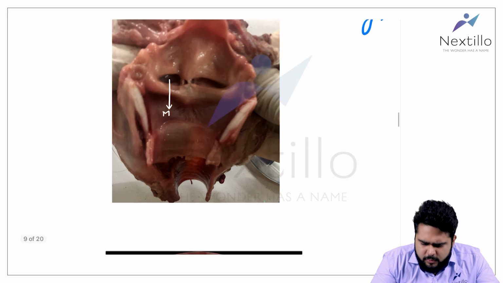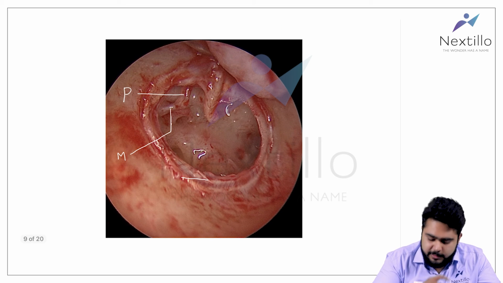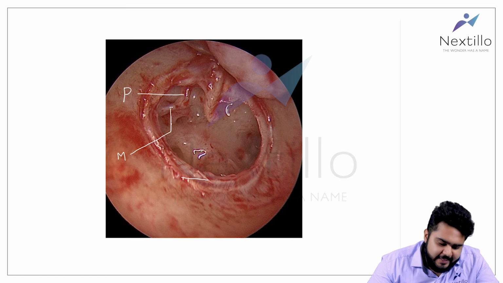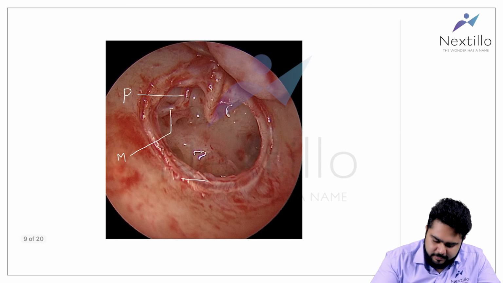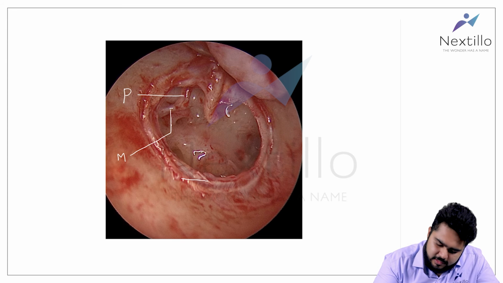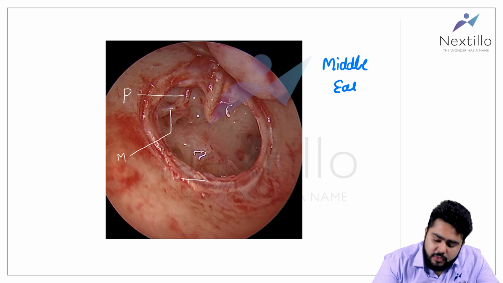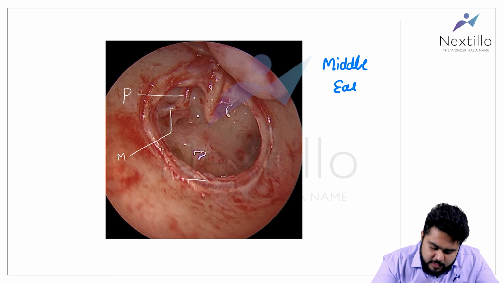You can label this diagram on your own. Okay, then coming to the next picture. What is this? What is seen? First of all, what do you see right now? We are looking at the middle ear. Now, if you look closely, there is a total perforation.